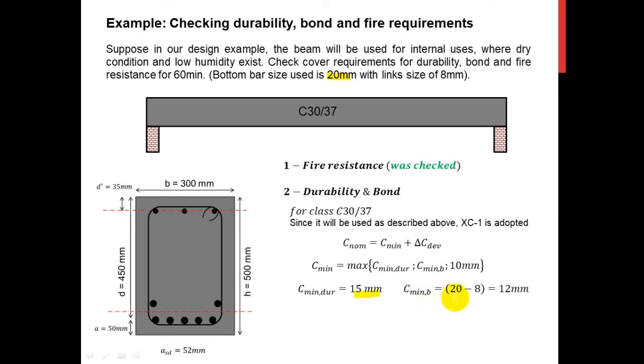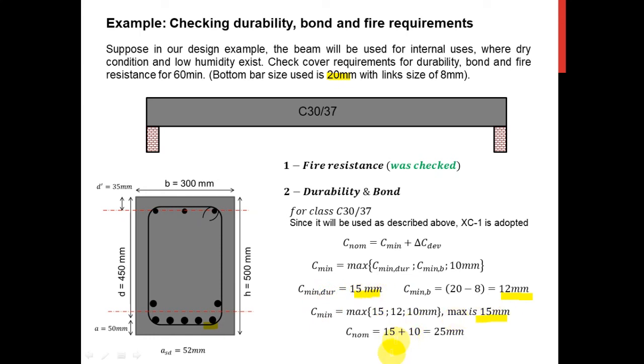So the bond is going to be what? Is it going to be only 20 millimeter? That is not true, because remember, there is the link below it, so it must be subtracted. 20 minus 8 gives you 12 millimeter. Which one is larger? In this case, the minimum cover for durability, the 15 millimeter controls, right?